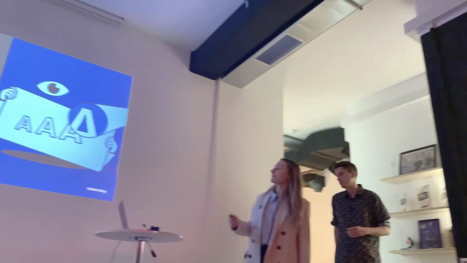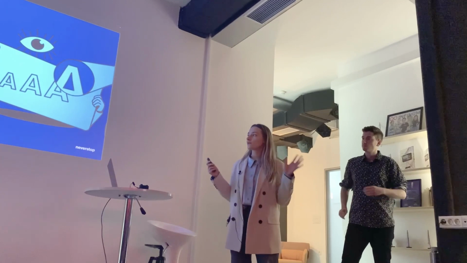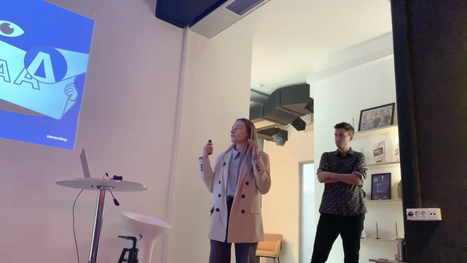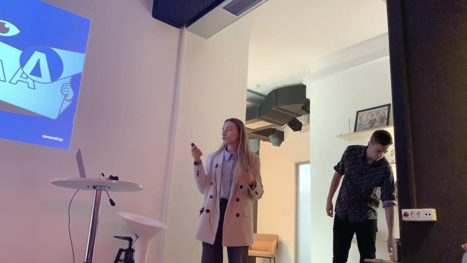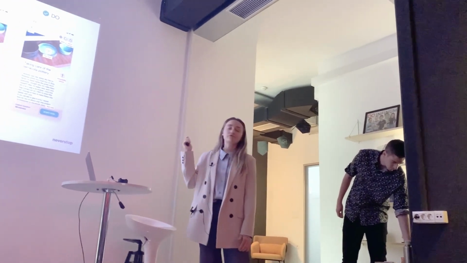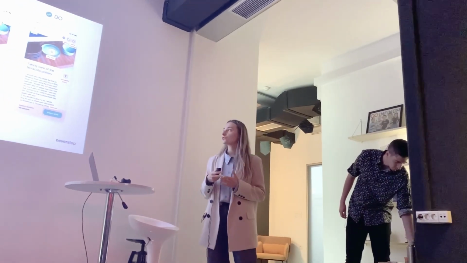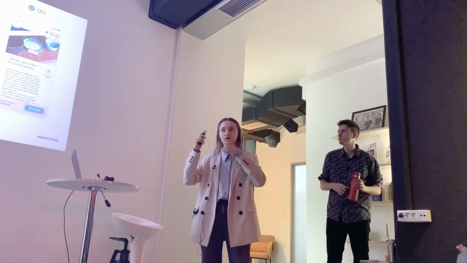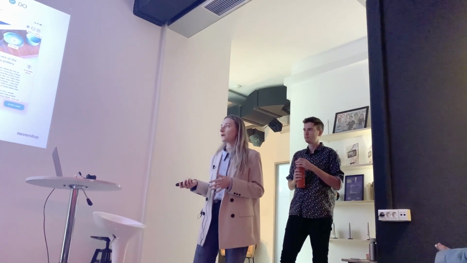Okay. So now I will talk about shaping a product's content, because it's important that all users can understand and perceive the content we are showing to them. First, all visual content that delivers some important information to the user, whether that's an image or illustration, needs to have a textual alternative.